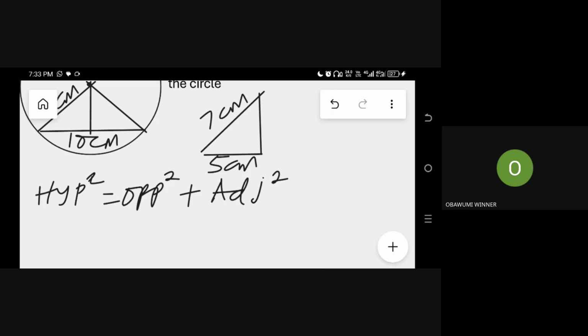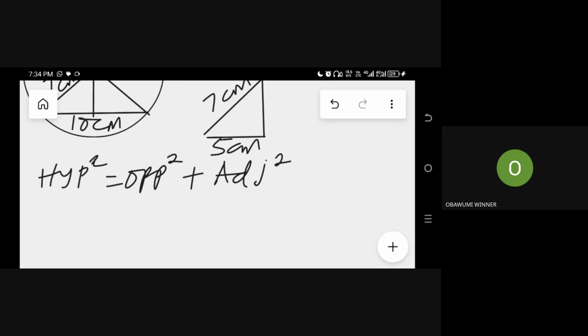The square of the hypotenuse, that is the square of the longest side, is equal to the square of the opposite plus the square of the adjacent. So the longest side is the hypotenuse. So the hypotenuse here would be 7.